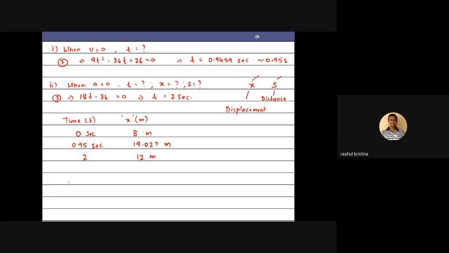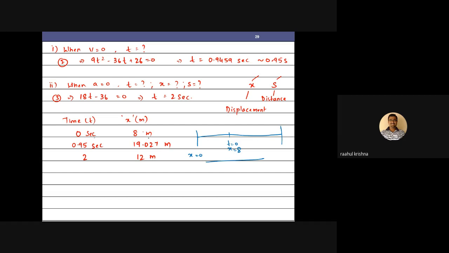So now, if I want to plot that motion, since we are considering motion about a straight line, let me plot it. Initially, this is at x equal to 0. When t equal to 0, I found that my displacement was 8 meters, so here I have t equal to 0, x equal to 8.